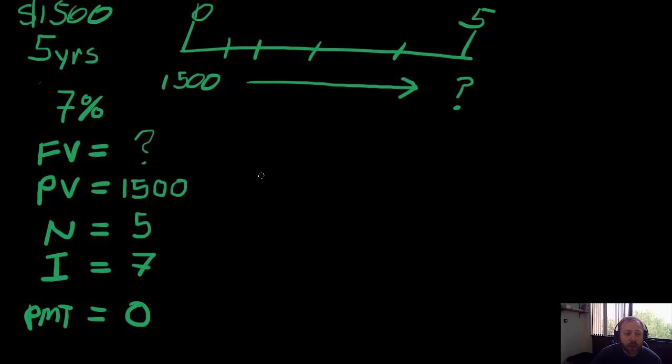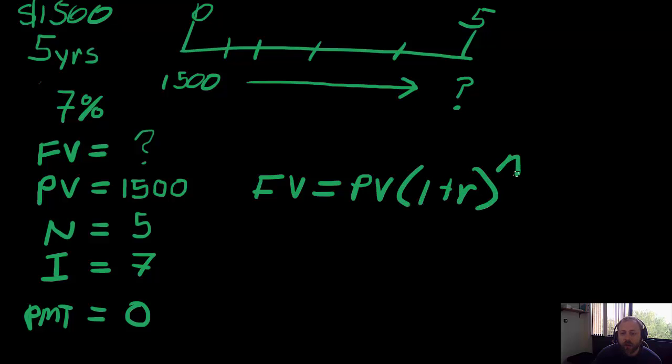If we do this the long way, we do a very simple future value calculation. Future value is equal to PV, present value, times 1 plus R to the N. All I'm going to do is plug in everything from my cheat sheet.